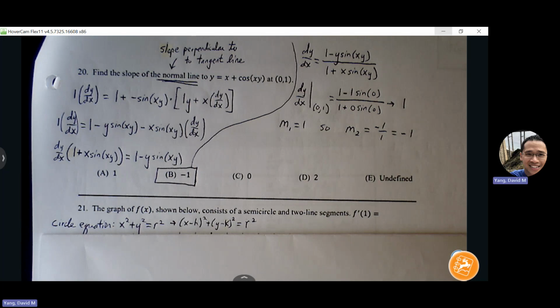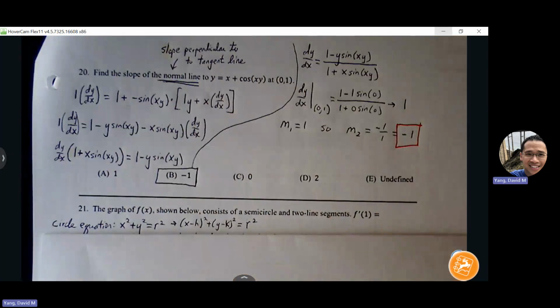Everybody okay with number 20? I'm not going to require it, but I think it's, this is an AP problem, so it's possible, yeah.